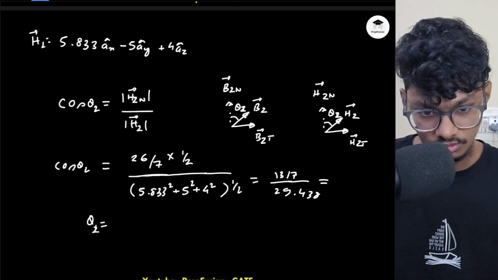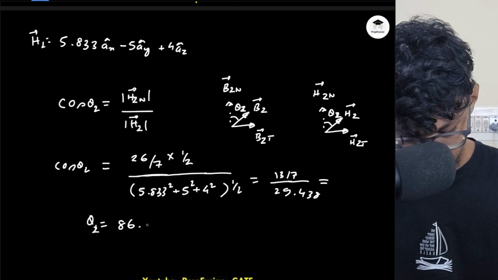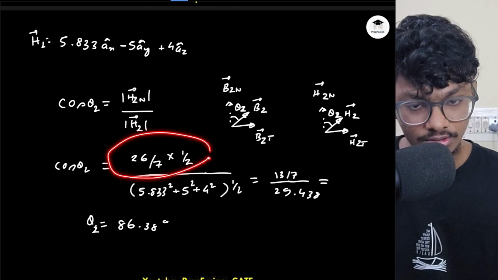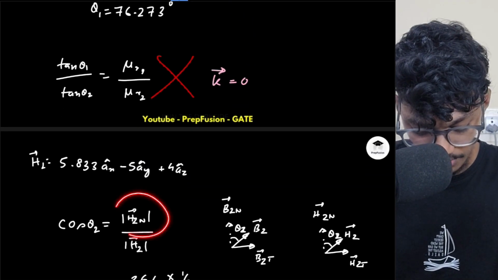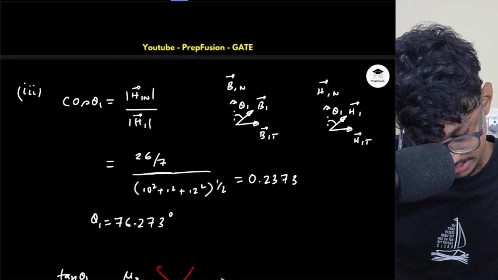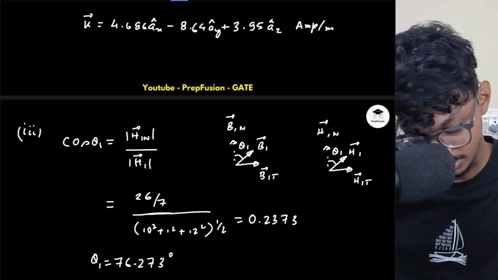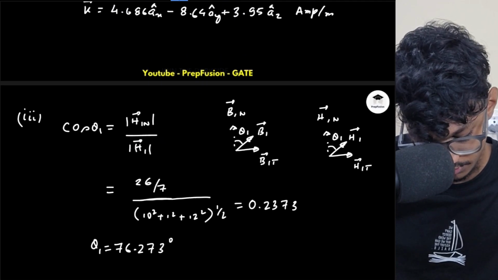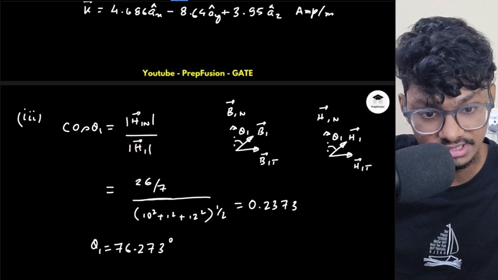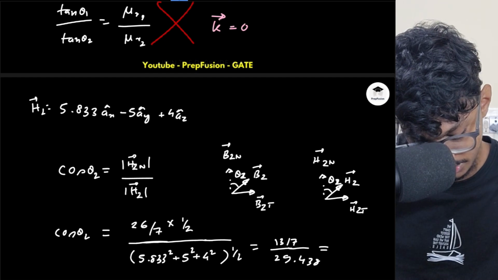Okay, and my theta 2 almost comes out to be 86.38. Just be careful, there is an extra half here, because this H2N is not simply equal to H1N. There the mu was getting cancelled. That's why it didn't matter, it was 26 by 7 only. But here mu is not getting cancelled because the magnetic flux density is same, magnetic field intensity is not the same. So you have to be careful about that.